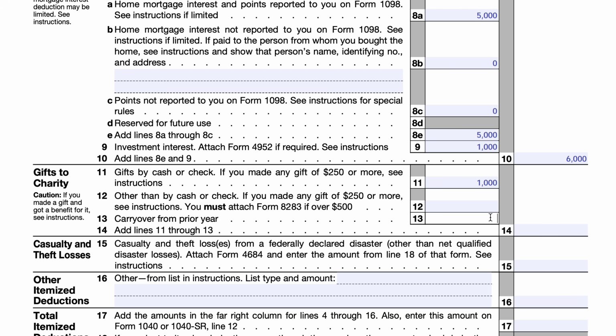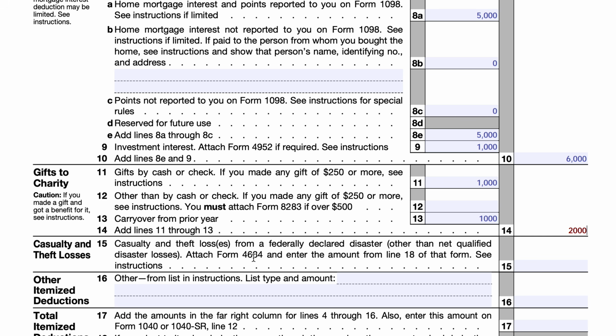For example, carryover amounts from contributions made in 2020 or 2021 are subject to a 60% limitation if you deduct them for the 2024 year. So you may have been waiting up until this time to be able to deduct that. So let's just say that they had $1,000 of carryover, and that means that they have $2,000 total of charitable deductions.